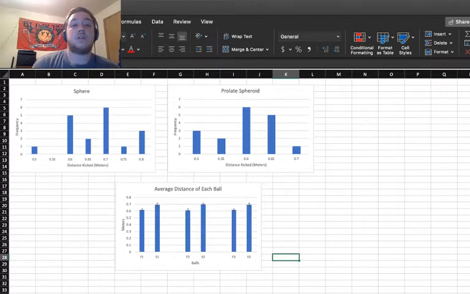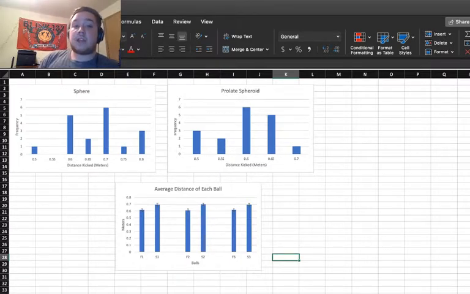The distribution's all over the place of how far it was kicked for each kick. The prolate spheroid has more of a normal distribution, but even it is still very skewed right, and the data points don't make that distribution curve that we like to see.